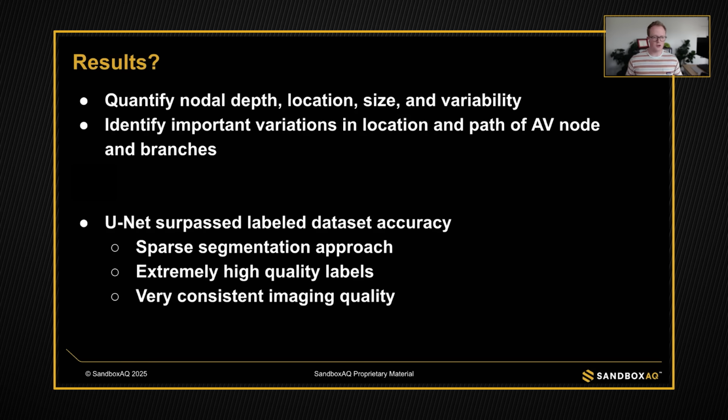Again, the UNet that we put together surpassed our labeled dataset accuracy, using our sparse segmentation approach and very cleverly choosing what we provided to it. This enabled us to achieve very high quality segmentations on such a large data set with our, at the time, limited resources.